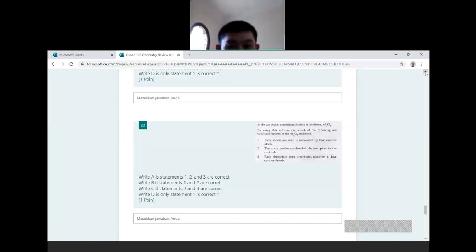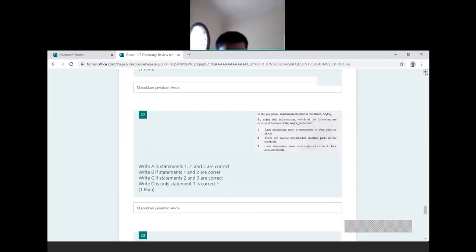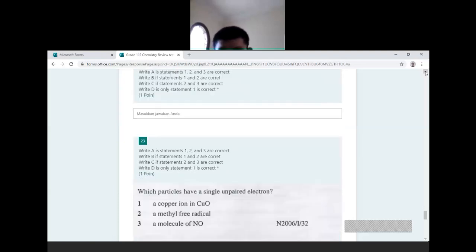Here it is written non-bonded electron pairs, so it is incorrect. And then number 3, each aluminum atom contributes electrons to 4 covalent bonds, is also incorrect, because aluminum has only 3 electrons to make itself form a covalent structure. Number 23.